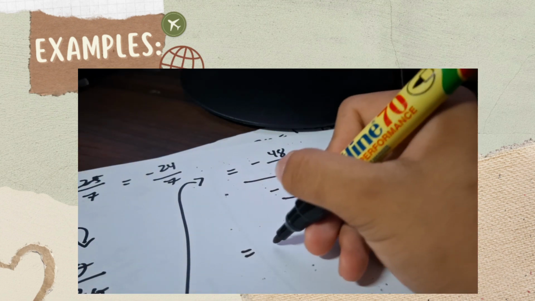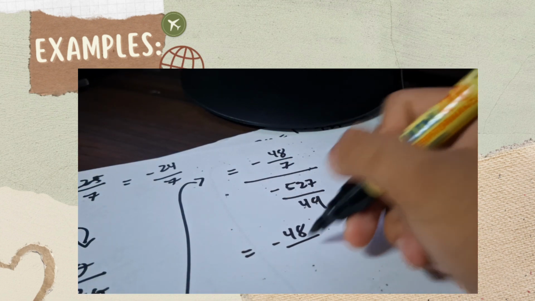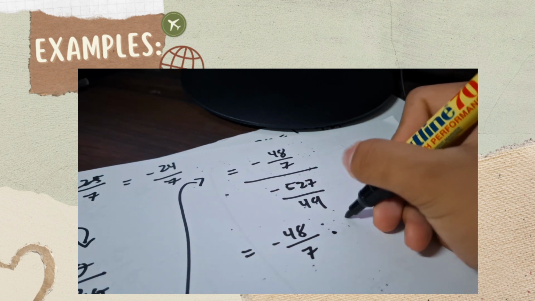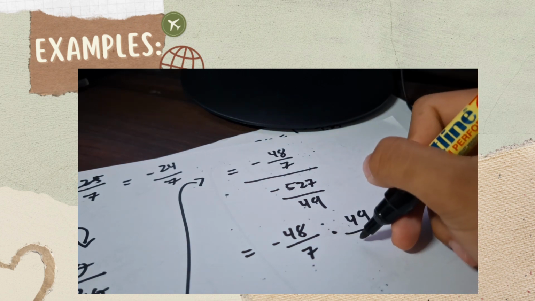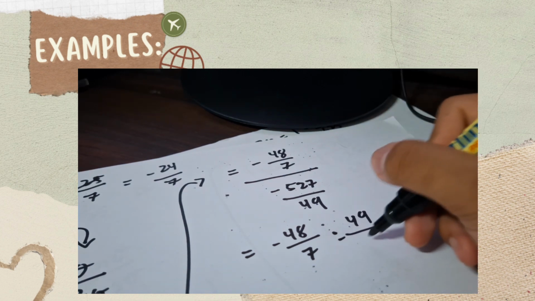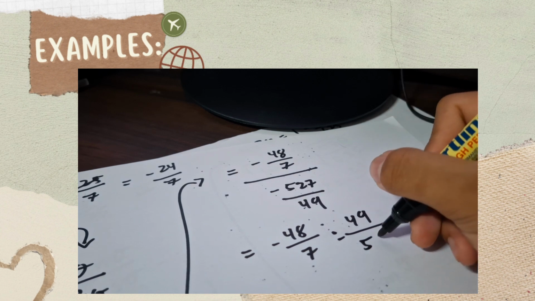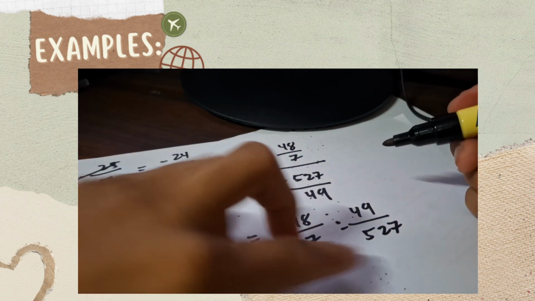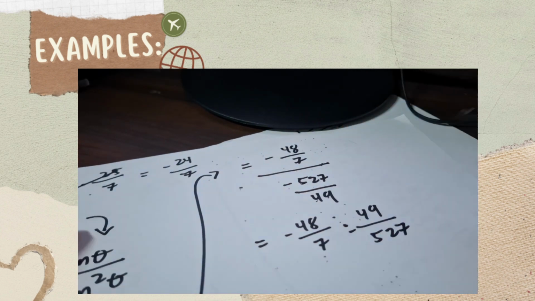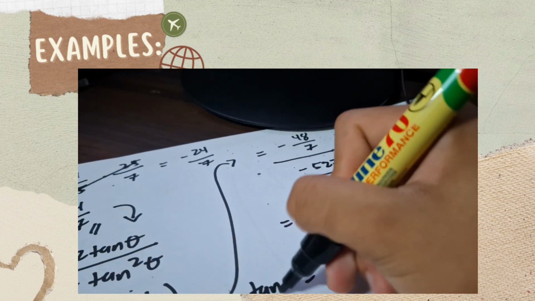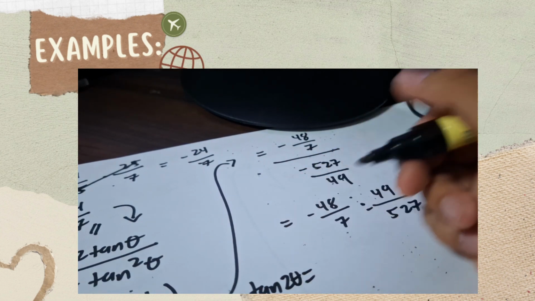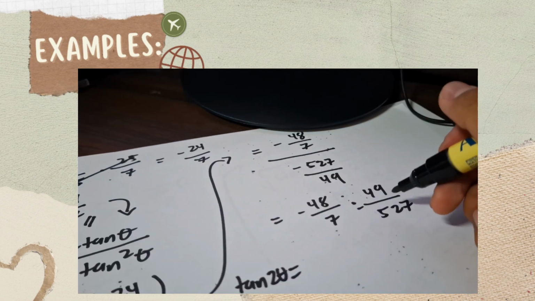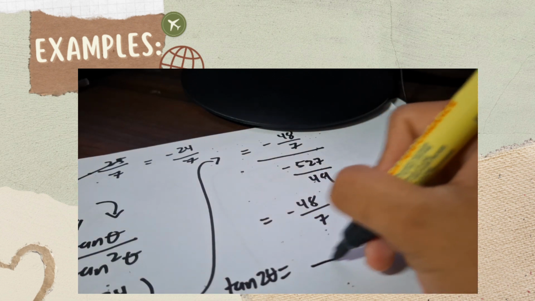As we do this, 48 over 7 times 49 over 527, since both of them are negative, we know that our answer will be positive. So our tan 2 theta will be positive.